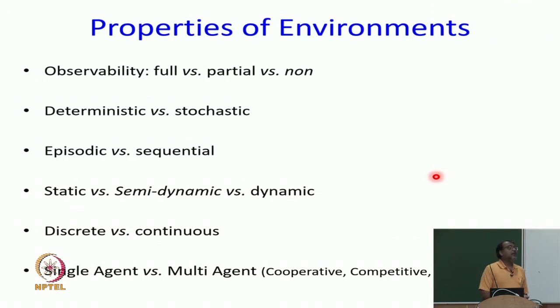One property is observability. Let us spend a few minutes here. Is my space fully observable, that I know at every point in time completely about everything in the world, or is it not observable at all, which is another extreme, which is rarely the case, or is it partially observable, that I can know some things about the world, but I do not know some things about the world, right.